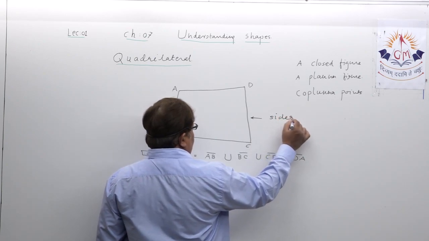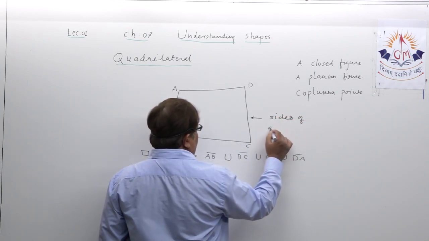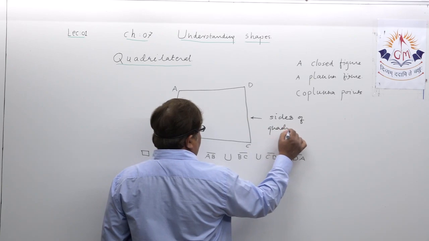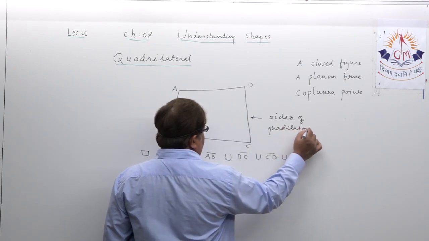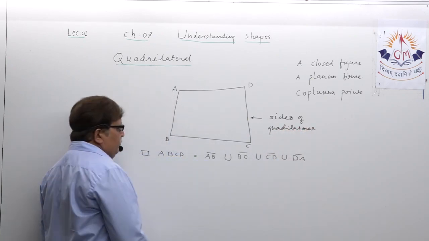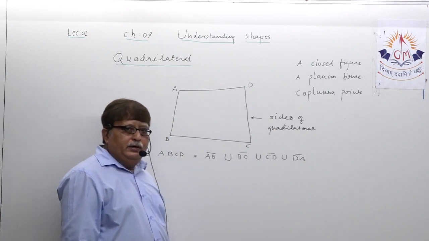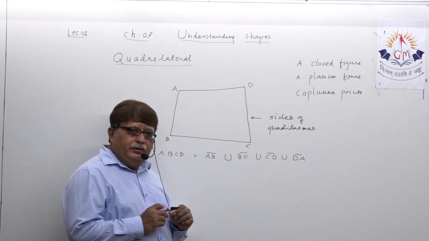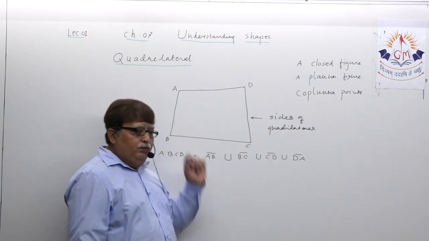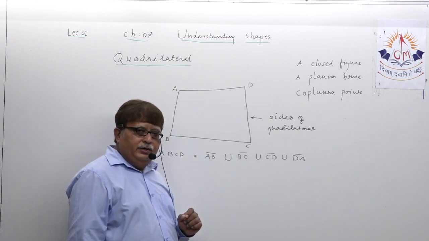Okay, so quadrilateral is a closed figure formed by union of four line segments.